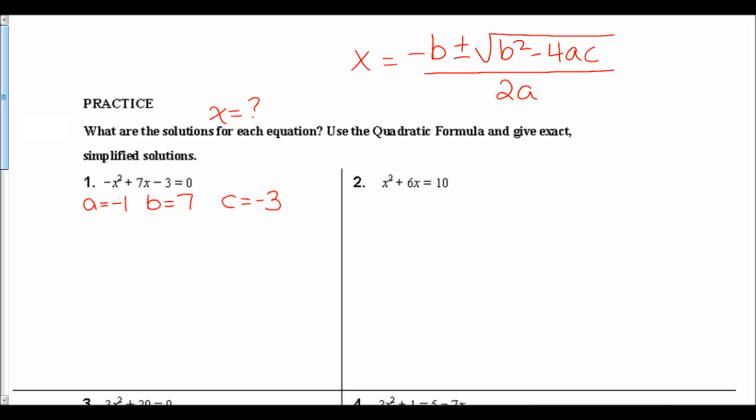For an equation like number 2, I'm going to need to move the 10 over to the other side, so my equation is x squared plus 6x minus 10 is equal to 0. Now I have a is 1, b is 6, and c is negative 10, and I'm ready to plug into the quadratic formula.